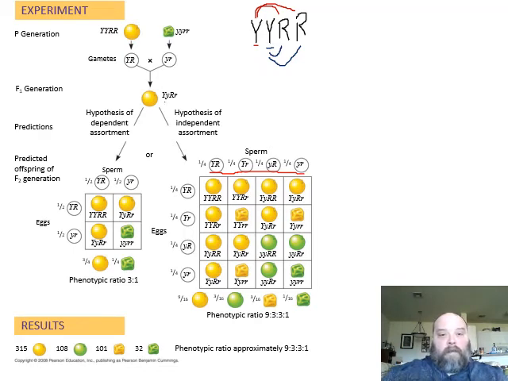Even if you look here where it's big Y, little y, big R, little r, there are 4 possible outcomes. You count those up: 1, 2, 3, 4.